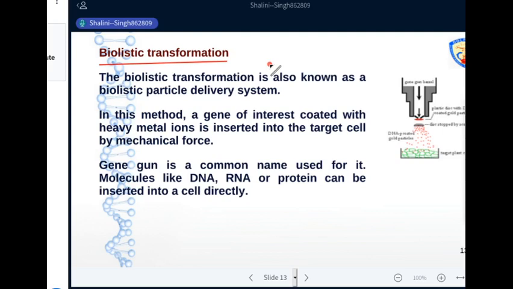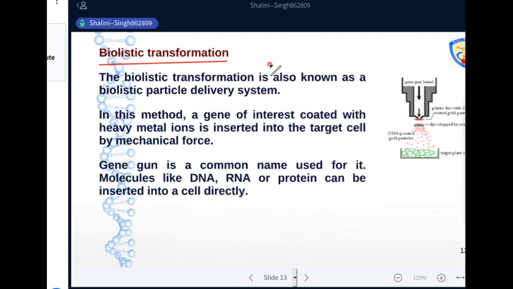The delivery of DNA using this technology has allowed transient gene expression, but the main challenge in plant tissue is regeneration. Due to the high speed of these particles, which are also known as microcarriers, they sometimes injure the plant cell, which leads to a lower regeneration rate in plants.